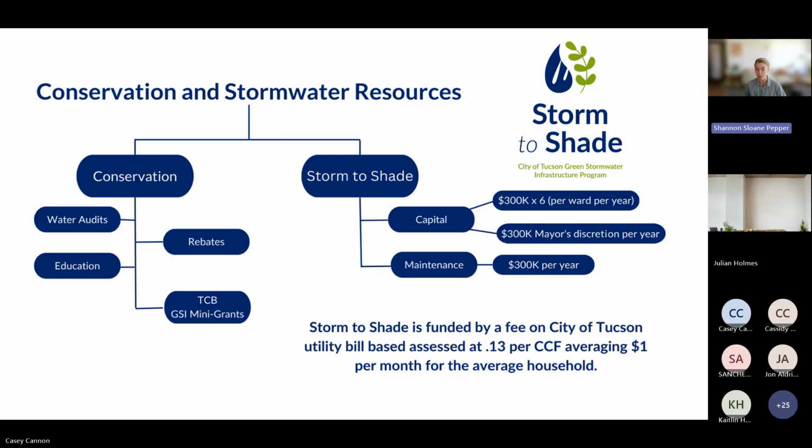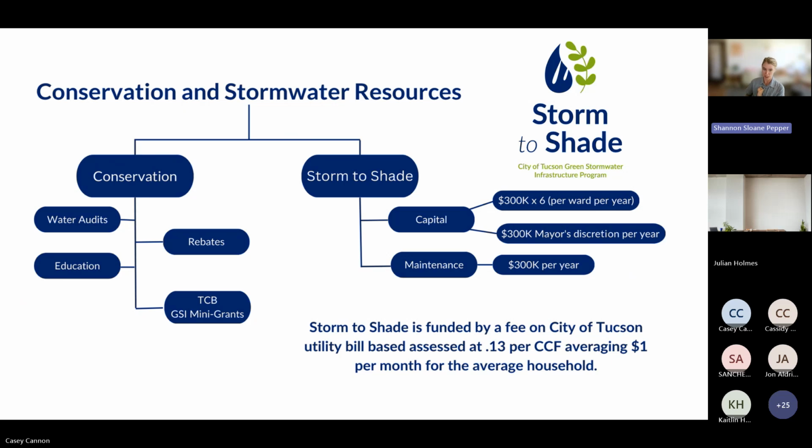Now that that program is operational, they've also invested an enormous amount of capital into installing green infrastructure, so they just have more assets in general to maintain. They're now more in the range of $500,000 a year for maintenance on those assets, and that is also a budget that's growing.